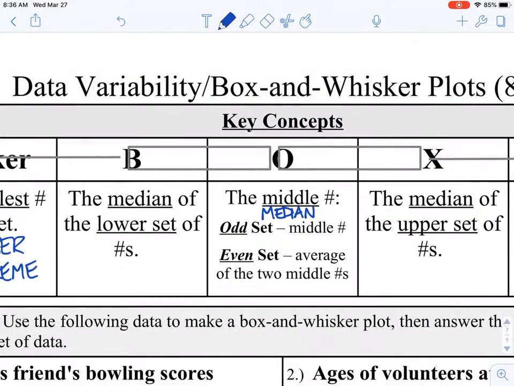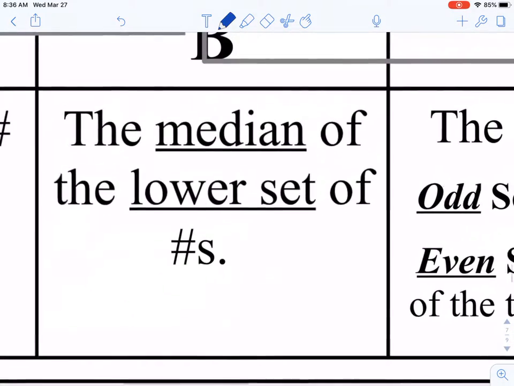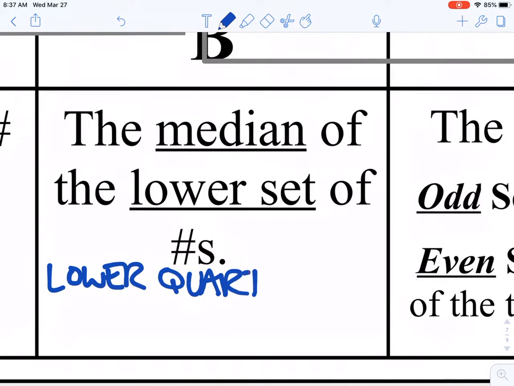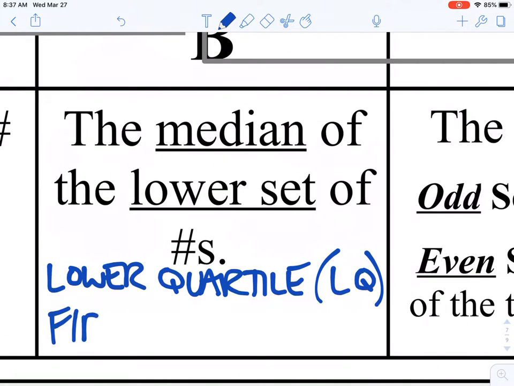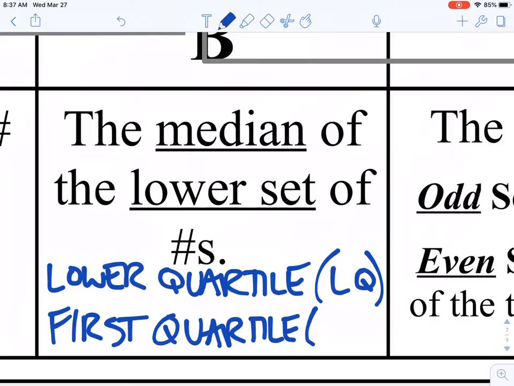Then the next number that you're going to concern yourself with is the median of the lower set, which is referred to as both the lower quartile, which would be LQ, or sometimes the first quartile, which would be Q1.